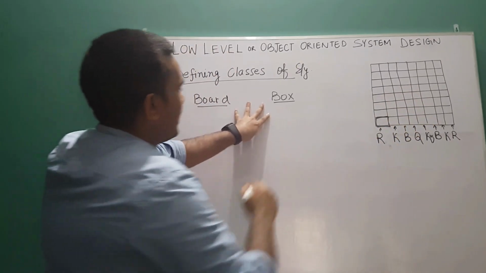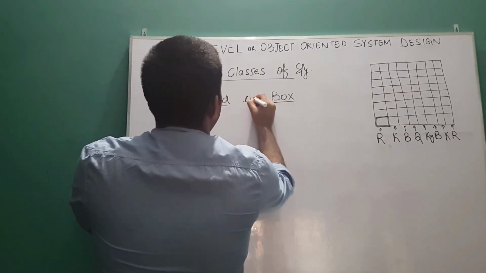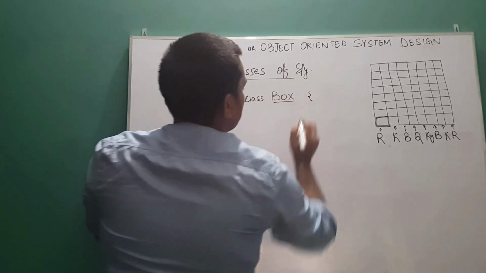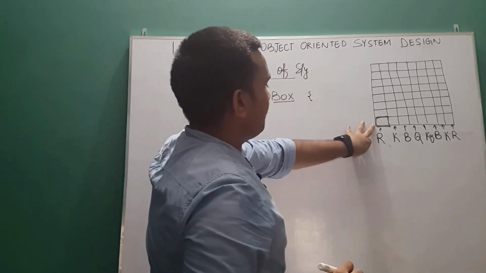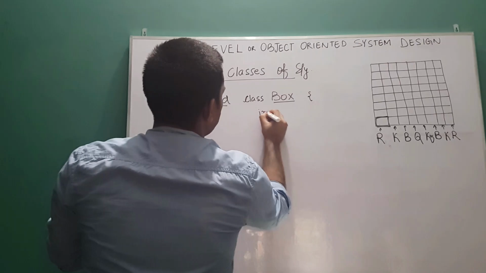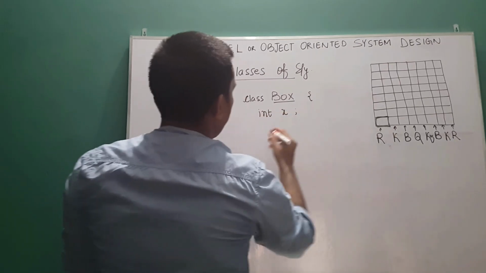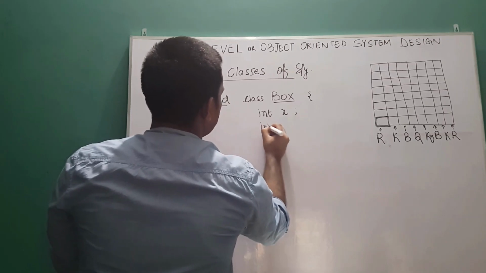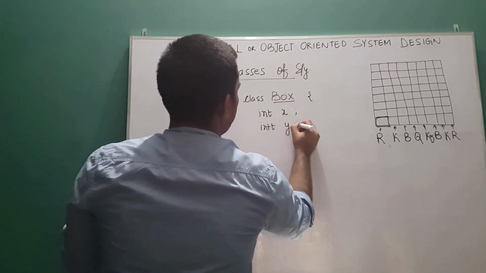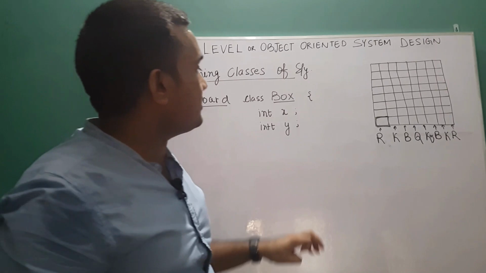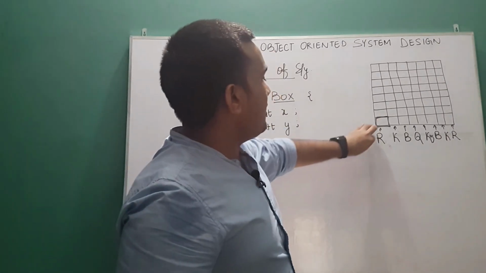So if you're writing a class like that, class Box, first of all it will have a position x, and then it will have a position y, and the most important thing is that the box will contain a piece.